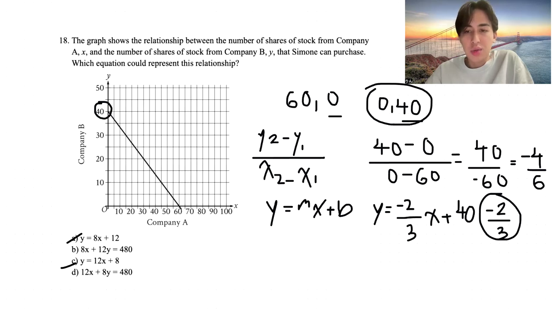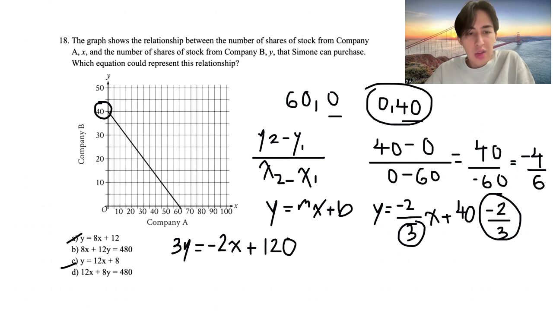So what we can do is multiply the 3 on both sides. So you're left with 3y equals negative 2x. By multiplying by 3, you're simply canceling the denominator out, plus 40 times 3, which is just 120. Now, we actually have to do one more step.